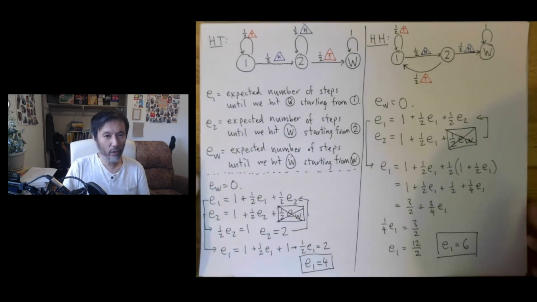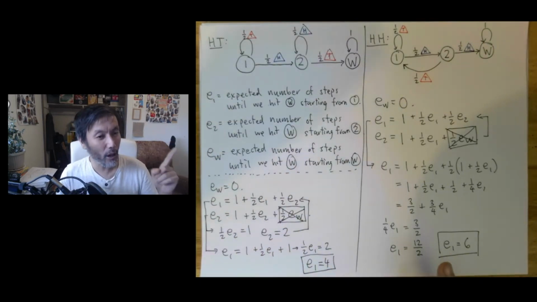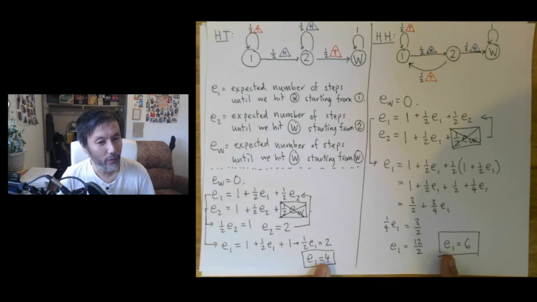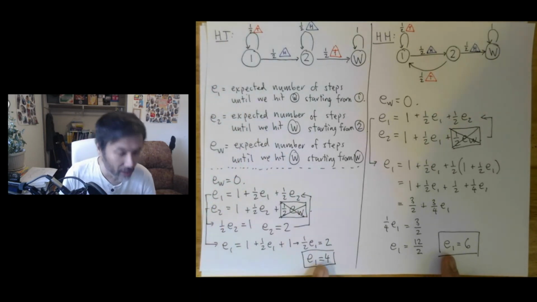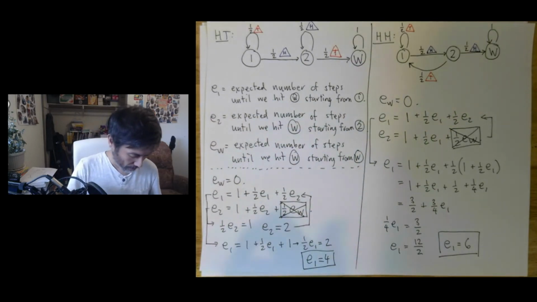You see the discrepancy? And you see the agreement with our empirical observations that we did using the computer, right? So E1 is 4 for HT. The expected number of flips until HT is 4. The expected number of flips until HH is 6.